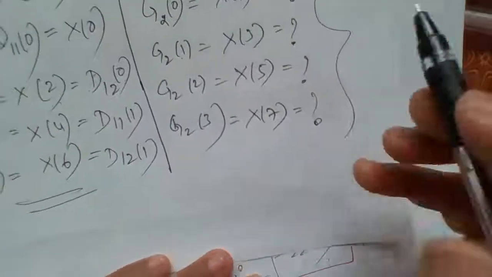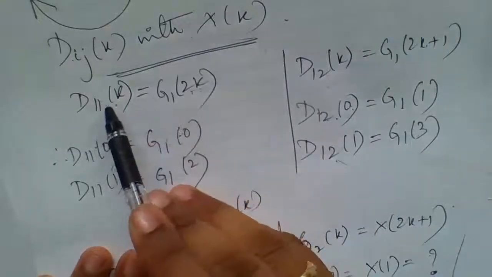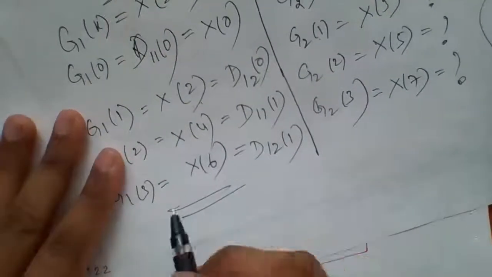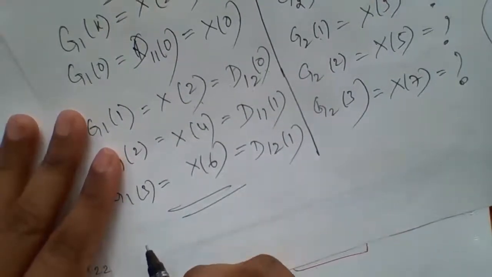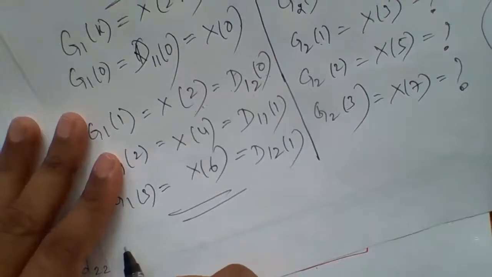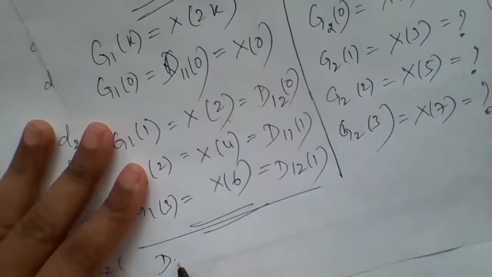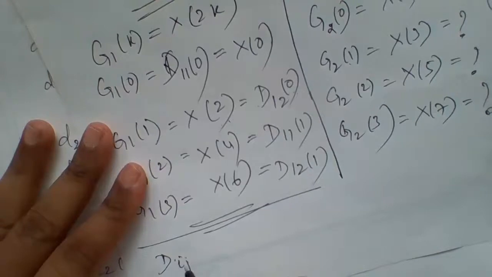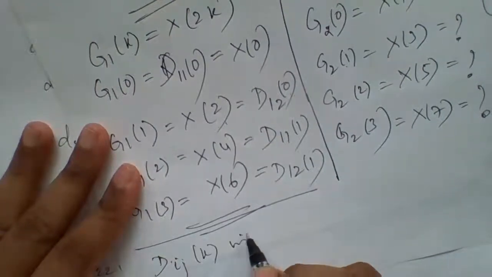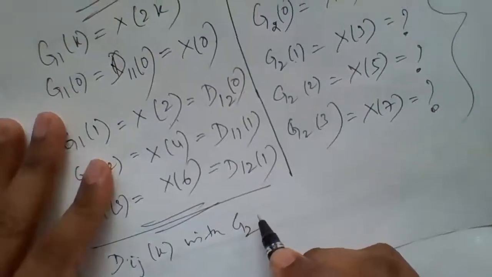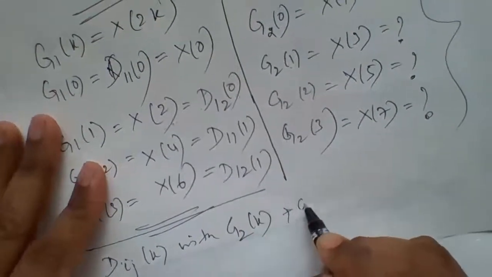To know that, I need a relation between D21 of k and G2. If you are able to write that part, then we can complete it. So I have a relation between Dij of k with the G2 sequences, the G2 of k sequence and the G2 of k plus 1 sequence.